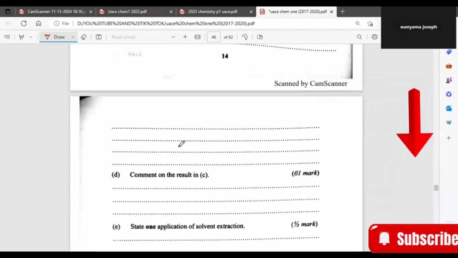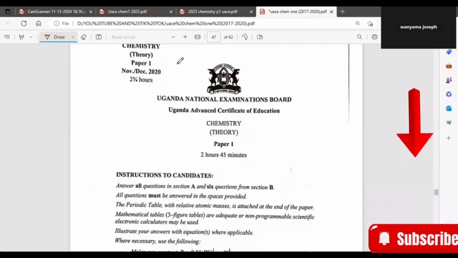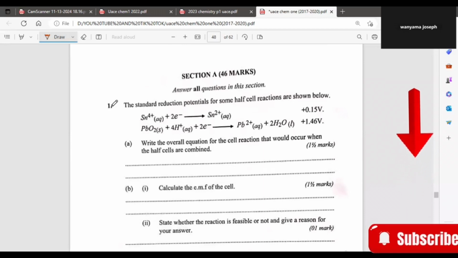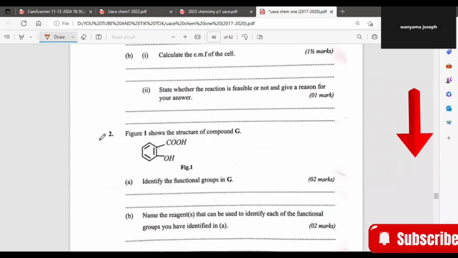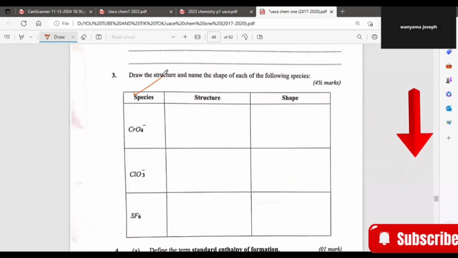So that's basically 2019. You can also dive into UNEB 2020 to look at how it moves. In 2020, number 1 was basically physical. Number 2, organic. Those are obvious areas. This is, of course, a physical question.